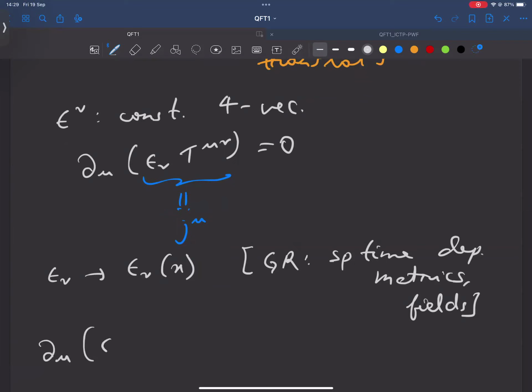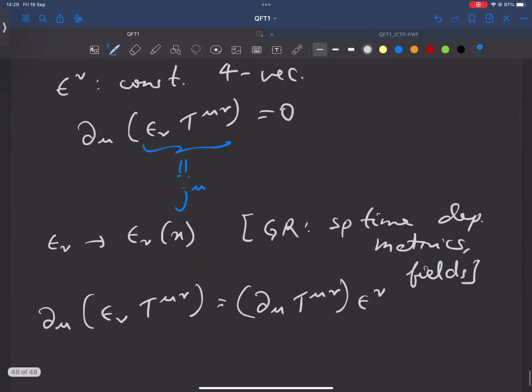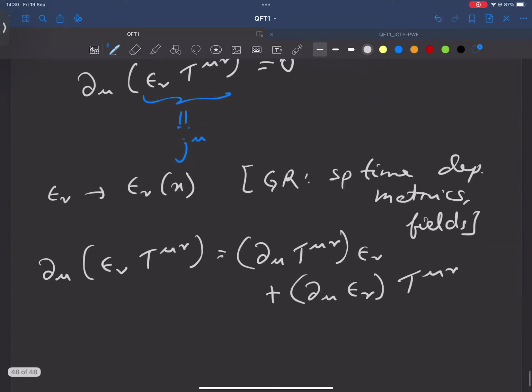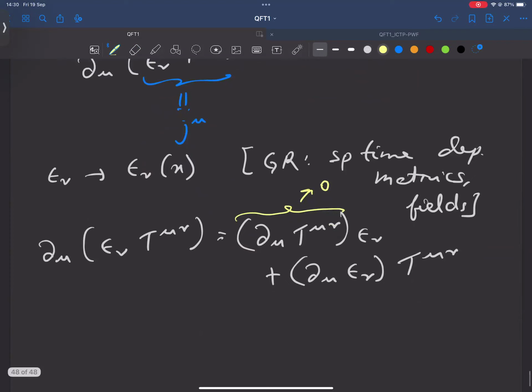If you now look at this quantity, you will get the first term as the derivative acting on the stress tensor, and then you will get a term like this, with the stress tensor out of it. Now we know that by Noether's theorem, this quantity is already 0. That's the conservation of the stress tensor.